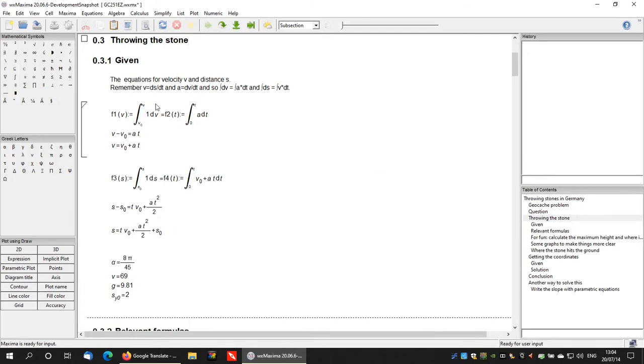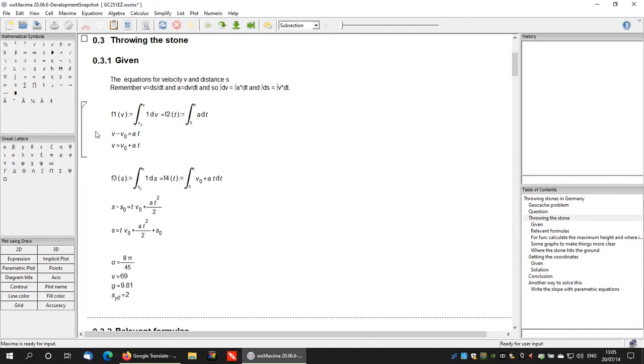Well, we know that velocity is the derivative of distance over time, and acceleration is the derivative of speed over time. And so the integral of dv is the integral of a times dt, and the integral of ds is the integral of v times dt.